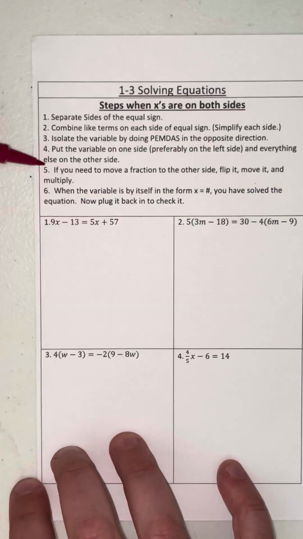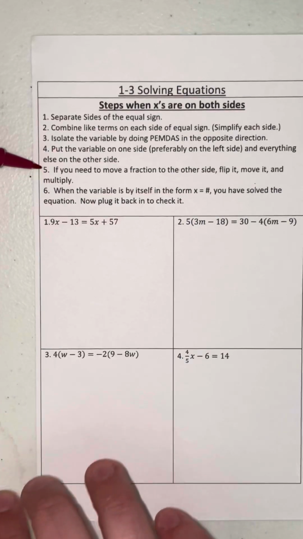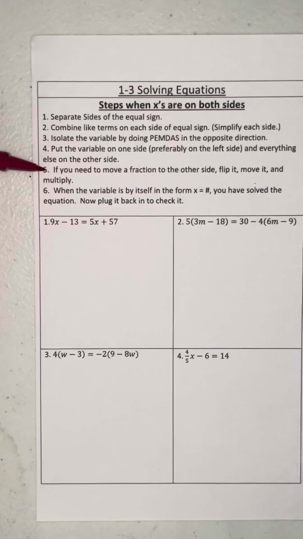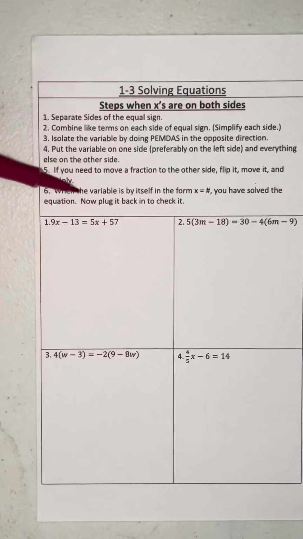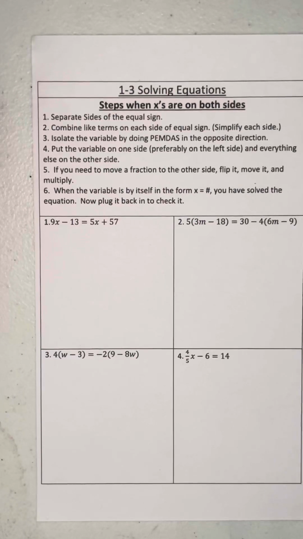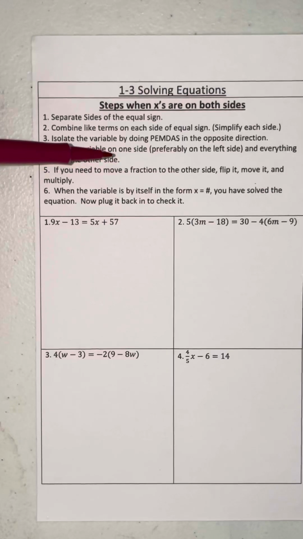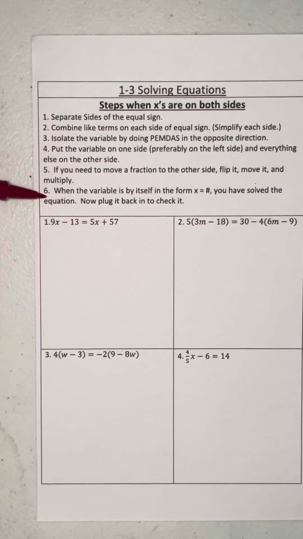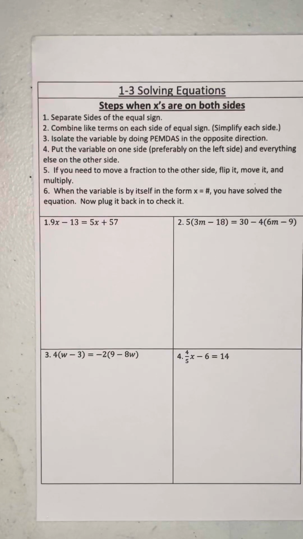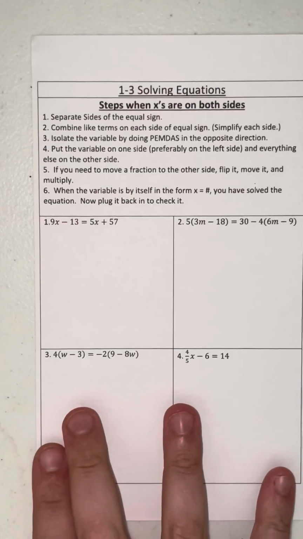I've also got a couple tips for working with fractions, if doing these equations with fractions throws you for a loop. Finally, we should get it to where we just have a variable equaling a number, and that's our answer. Then we'll plug it back in to check it and make sure it's correct.